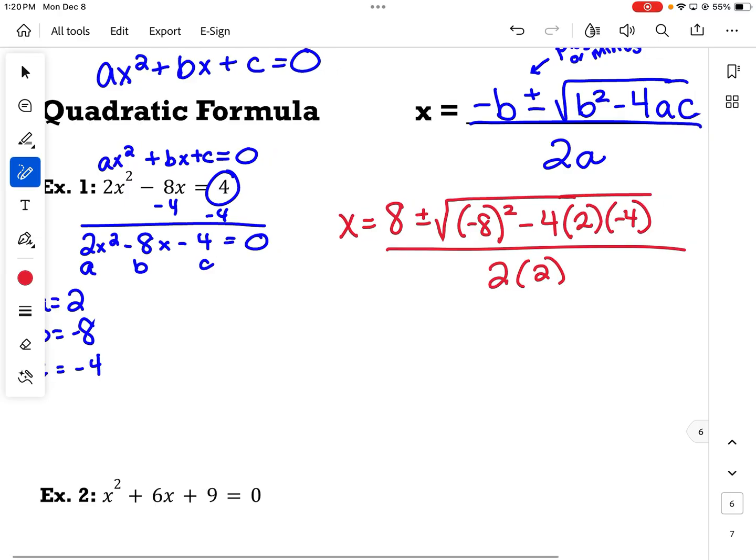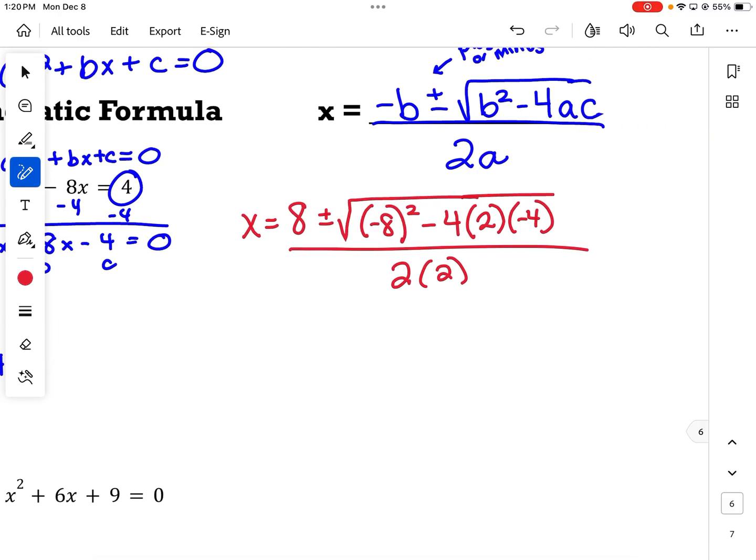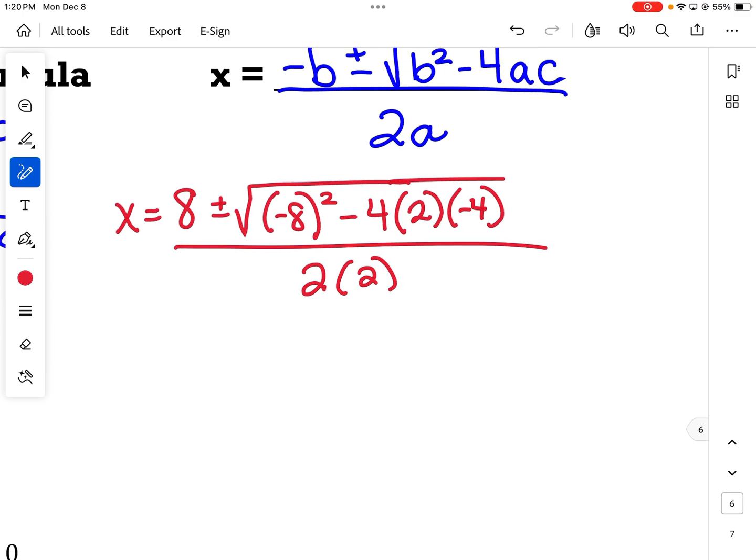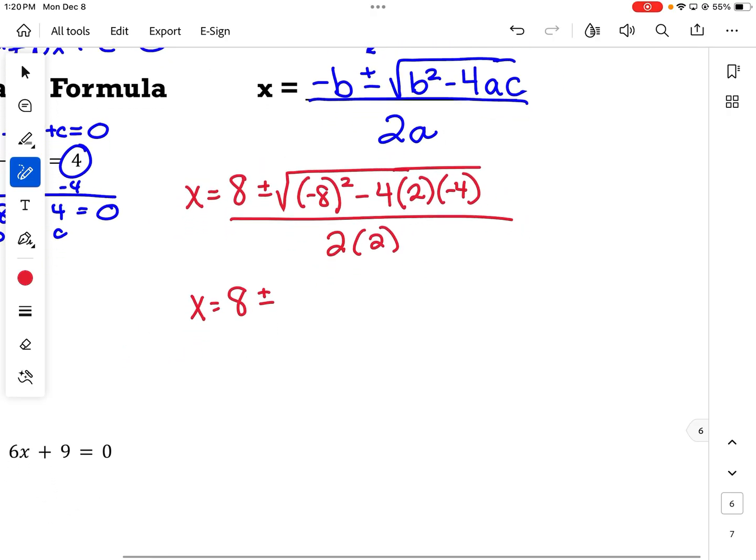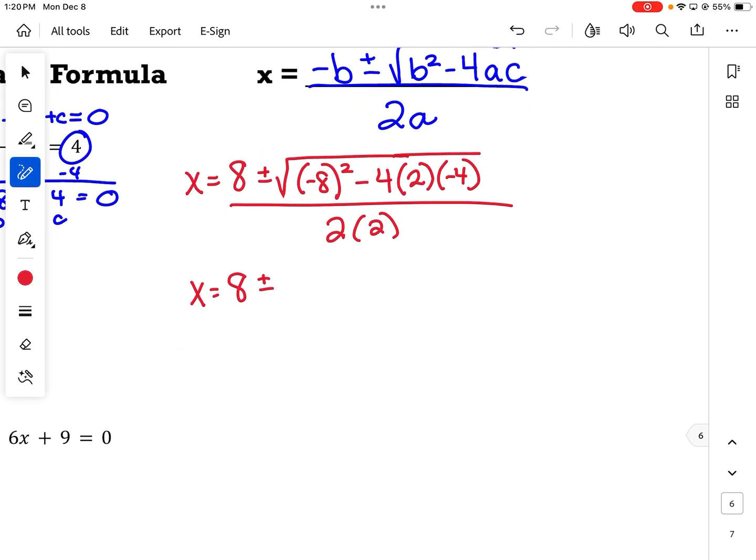So the only thing we did was plug in the formula. Now we're going to simplify the fraction a little bit at a time. So it's x equals 8 plus or minus. We are going to put this, not with the radical, not with the square root, only that, in the calculator.